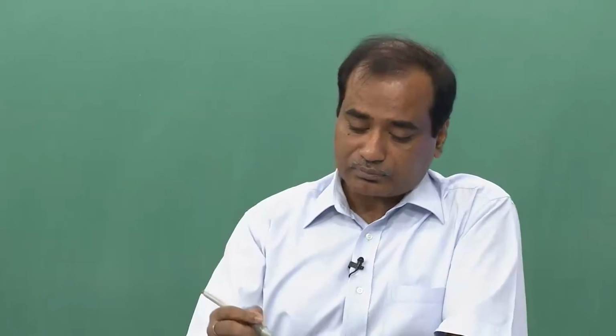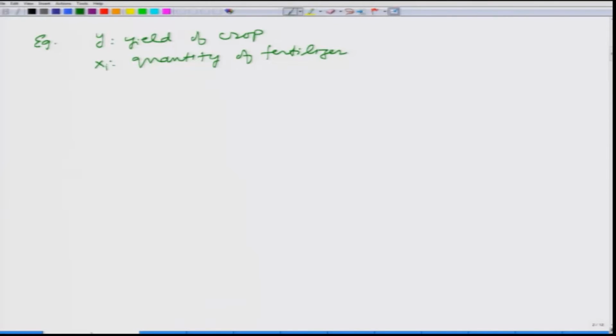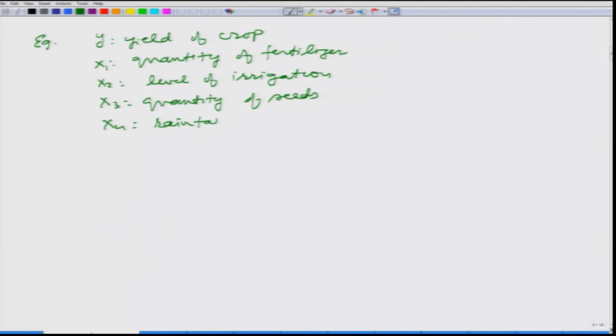For example, the first factor I can write down is x1, which is my quantity of fertilizer. Similarly, x2 can be the level of irrigation. The third thing can be the quantity of seeds. x4 can be rainfall, and similarly you can identify some more important factors which are affecting the yield of a crop.